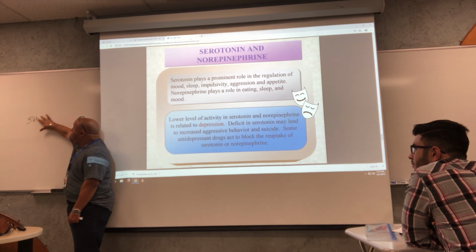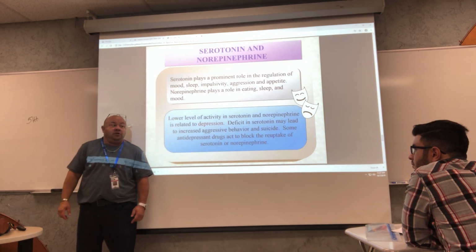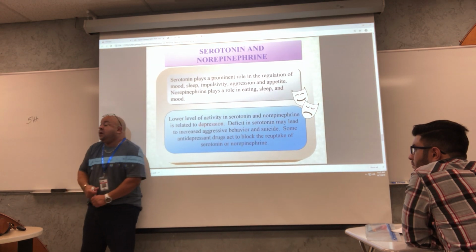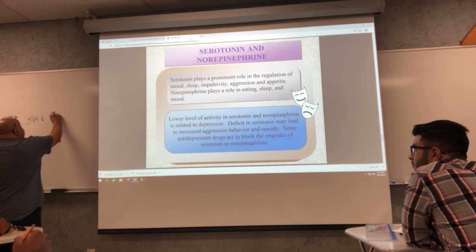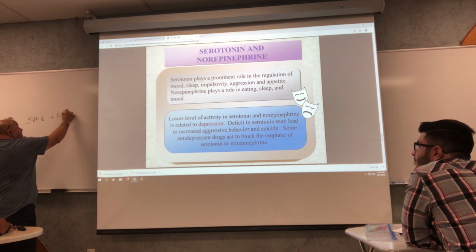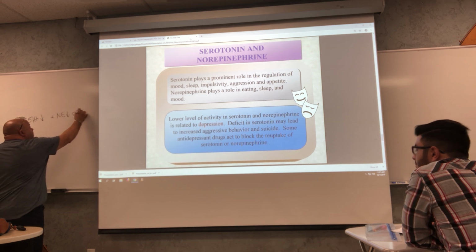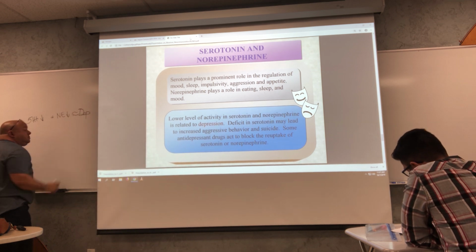You want to be careful. You don't want too little serotonin, but you also don't want too much serotonin, okay? So when serotonin is low and norepinephrine is also low, we tend to see depression.